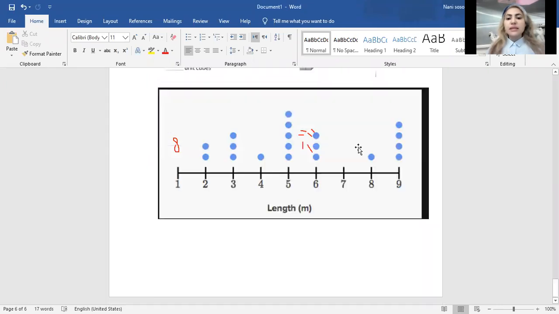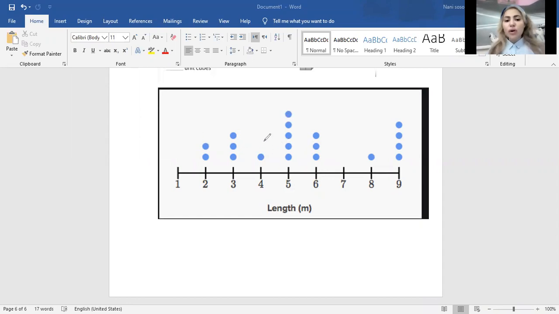Here, in this line plot drawing, if these are lengths, I will ask you how many more students moved a distance? How many students moved more than 4 and less than 7?